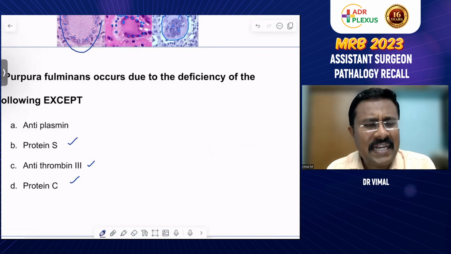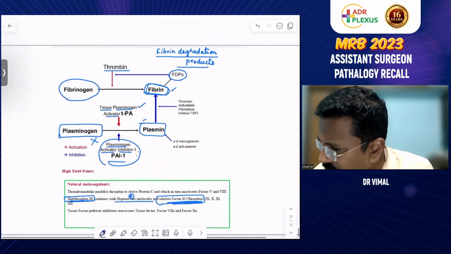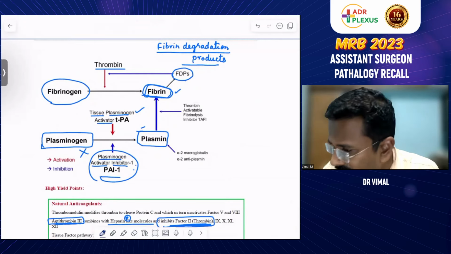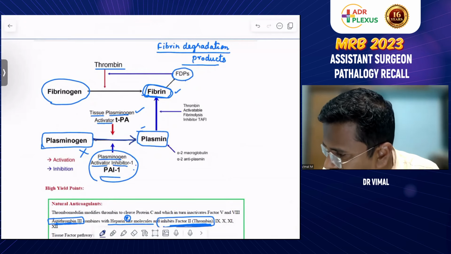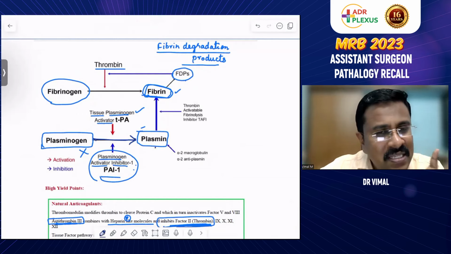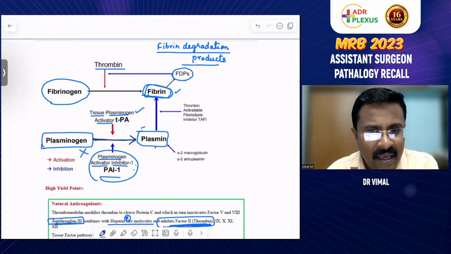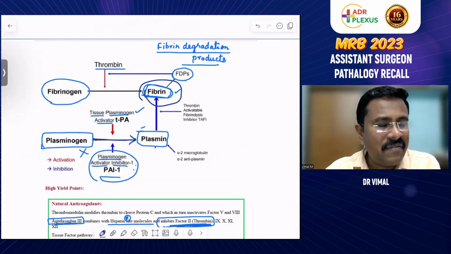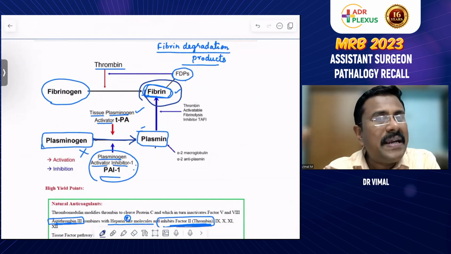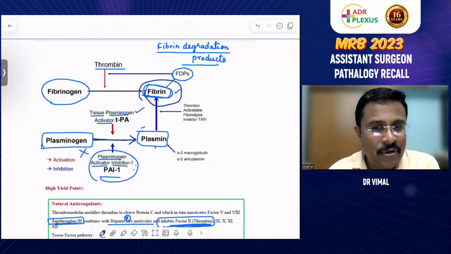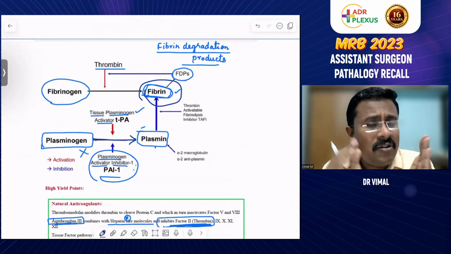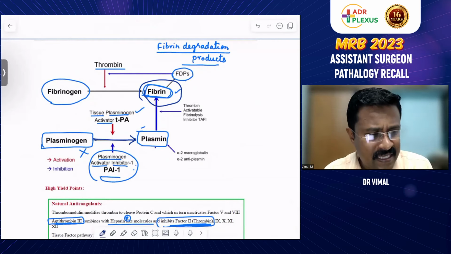Coming to antiplasmin, guys, do you remember what is the role of plasminogen here? Plasminogen is converted into plasmin, and this plasmin degrades fibrin into fibrin degradation products, as you can see from our notes. So plasmin causes fibrinolysis.